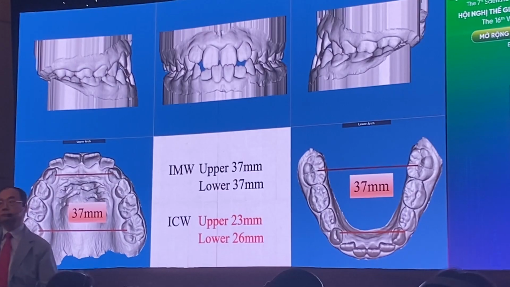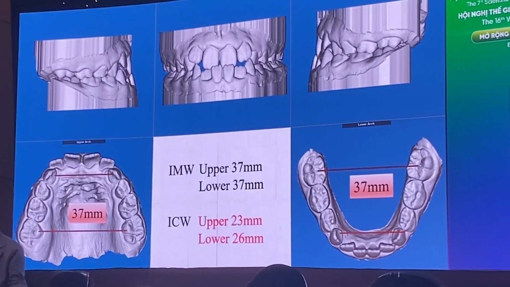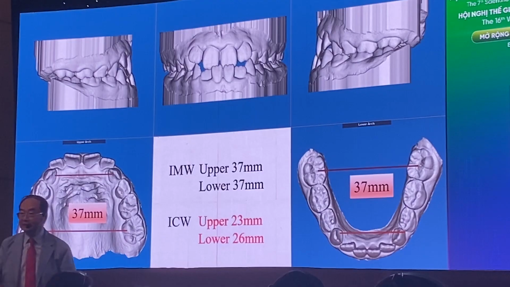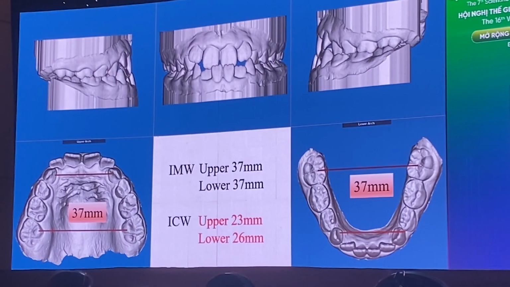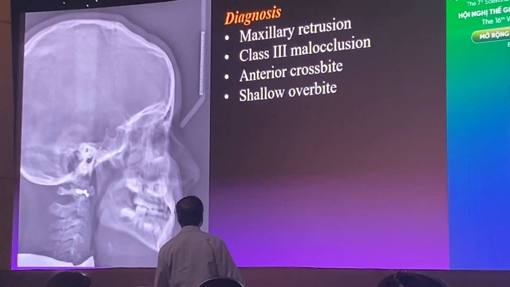You got to check both, because sometimes intercanine width is narrow, sometimes intermolar width is narrow. Okay, so this particular patient, intermolar is okay, but intercanine is a little bit deficient. That's why there is crowding on the upper arch. Okay, so Panorex OPG said no problem, all right?